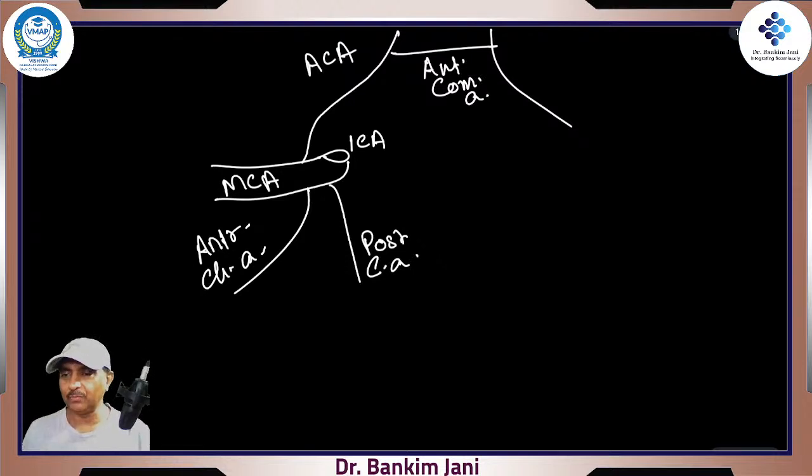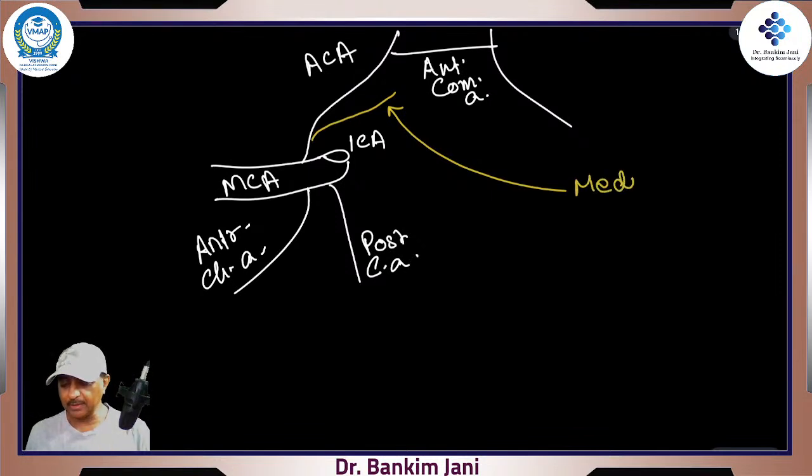There is one very fine artery you must know. This artery arises from the anterior cerebral artery. It is a small artery, but it is medial, going in front, so fronto, and coming towards the base, so fronto-basal artery.